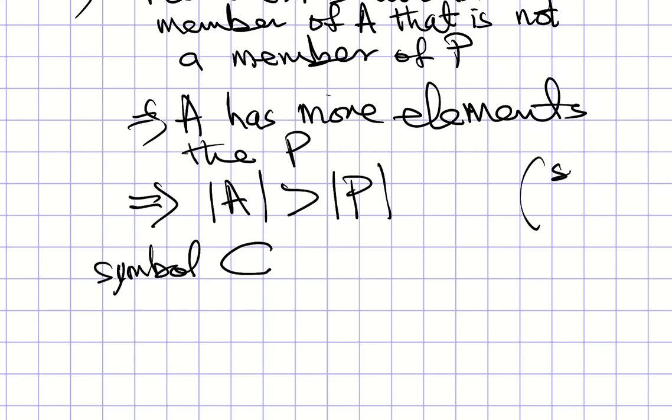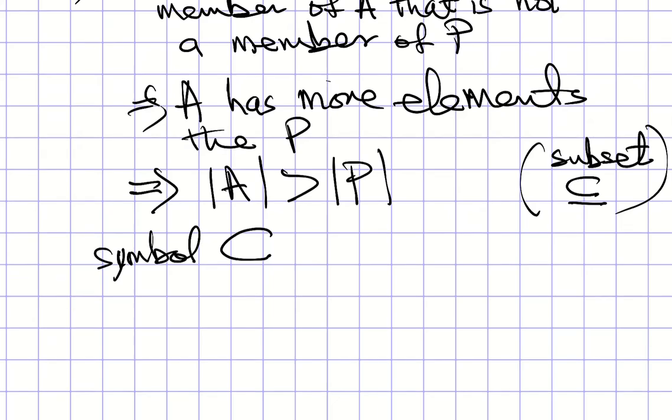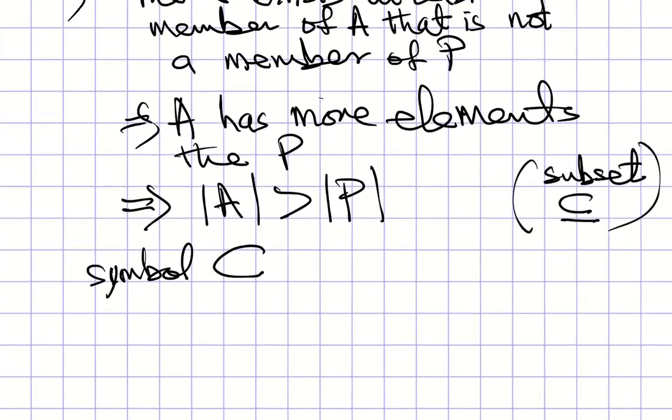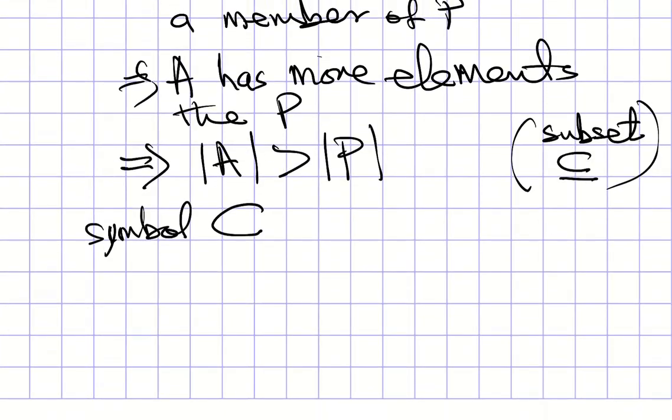Subset is this symbol, right? Proper subset means that symbol you're looking at there. So based on the description we're giving up there, basically it says P is a proper subset of A. That's how you write it, right?